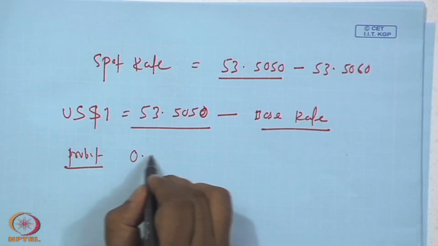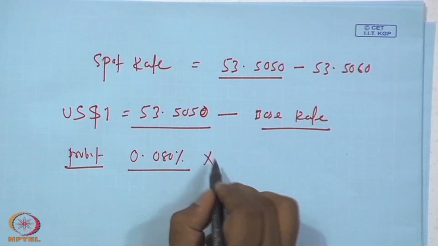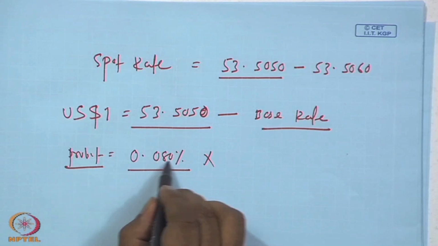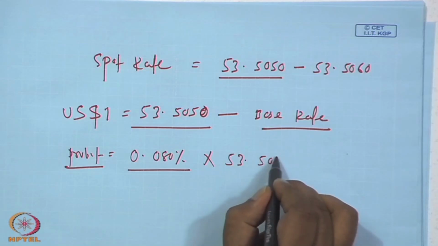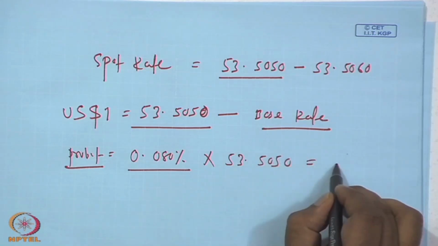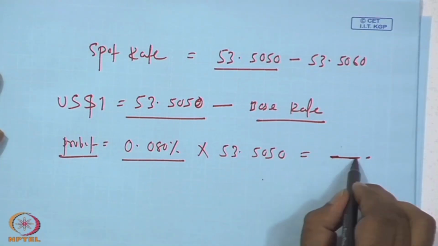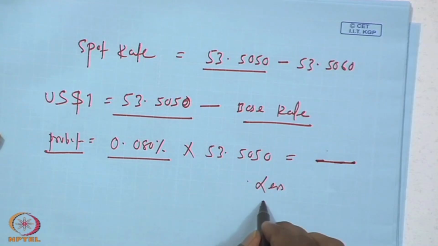The profit margin is 0.08 percentage of the base rate 53.5050. This is the applicable rate, less the cushion rate.